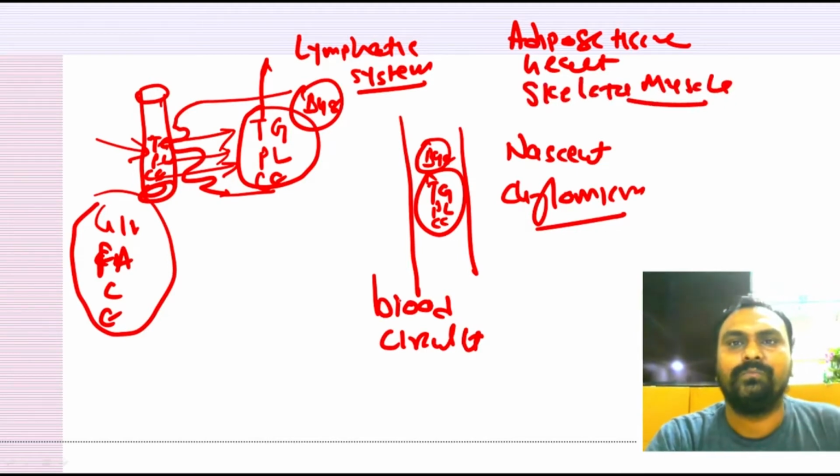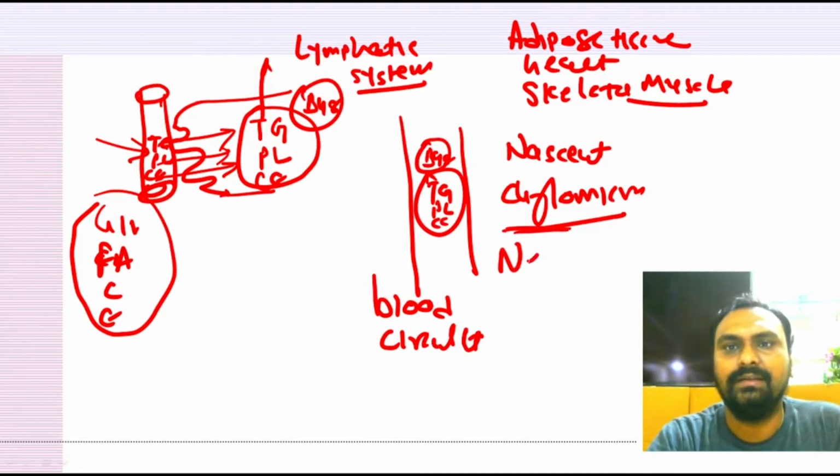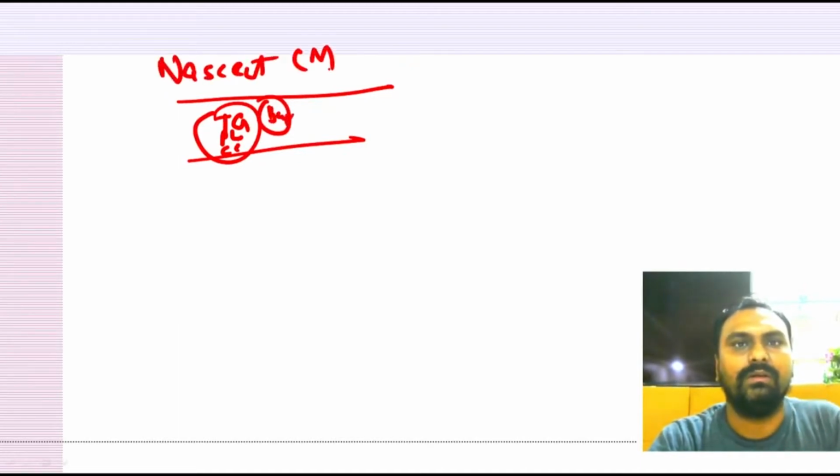So here in the blood, ApoB48 along with the triglyceride, phospholipid and cholesterol will form the nascent chylomicrons. Nascent means newly synthesized. Right. So if I draw the diagram again, suppose this is the blood circulation that contains the triglyceride, phospholipid, cholesterol and B48. That is a nascent chylomicron.